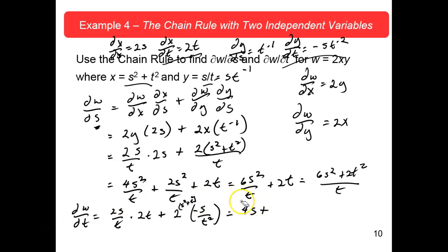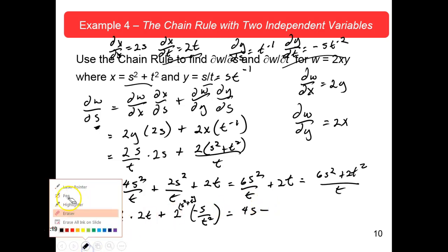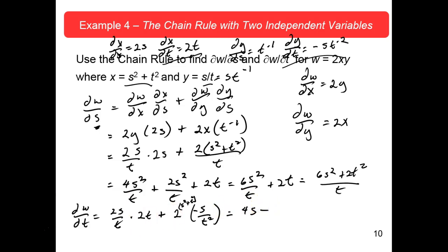Not looking far enough ahead. 2s cubed over t squared minus 2st squared.